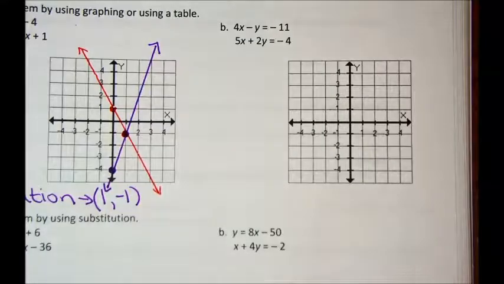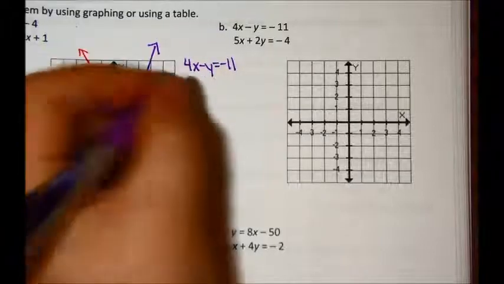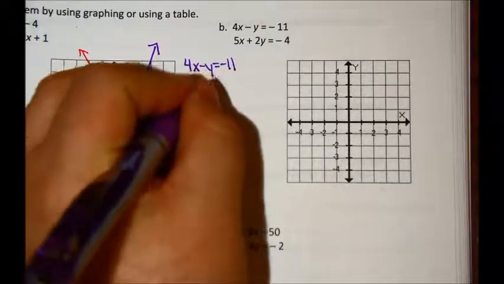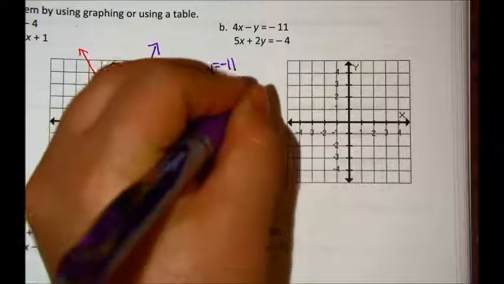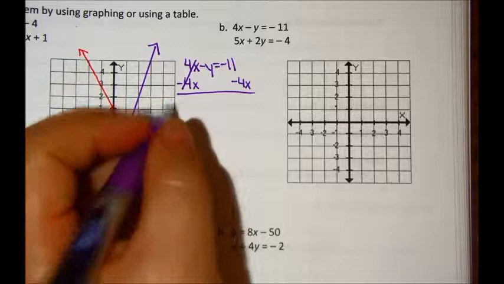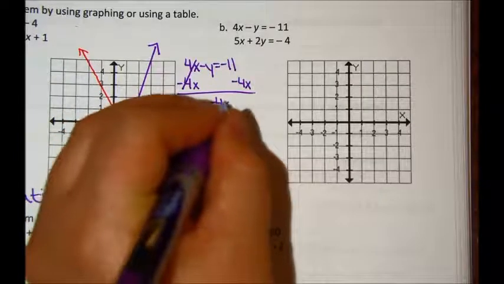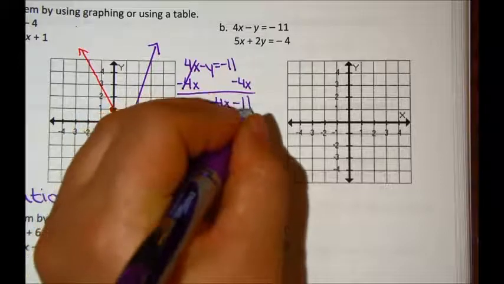Example B. In order to graph using our calculator, we need to have y alone. So we need to solve for y in each of these equations. The first equation requires me to subtract 4x from both sides, leaving me with -y is equal to -4x minus 11.